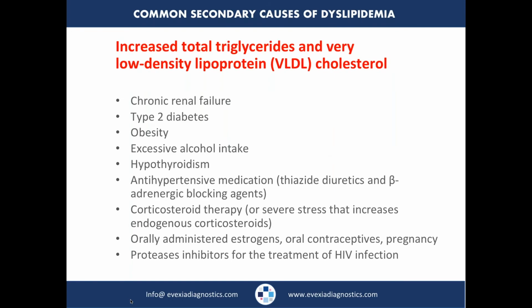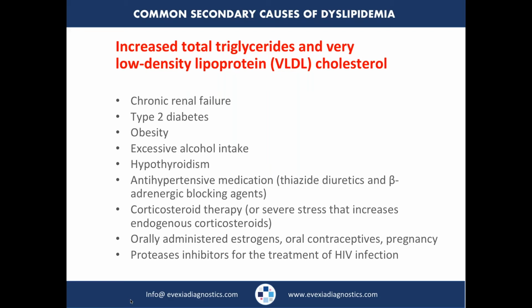And here's another set of secondary conditions. If you get back high total triglycerides and high very low density lipoproteins, that's the VLDL cholesterol, there's going to be some crossover. Certainly hypothyroidism is going to create that same pattern that you saw on the previous slide, and that's due to the metabolism being low in the individual with hypothyroidism. But other things to consider, again, if there's renal problems, type 2 diabetes, obesity will present this way, excessive alcohol intake.